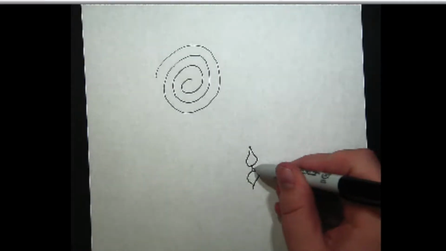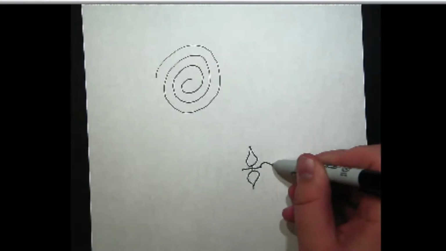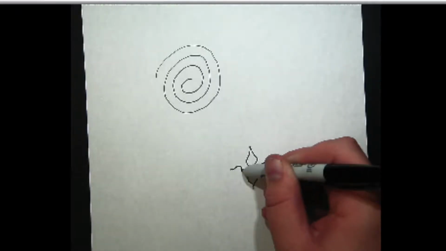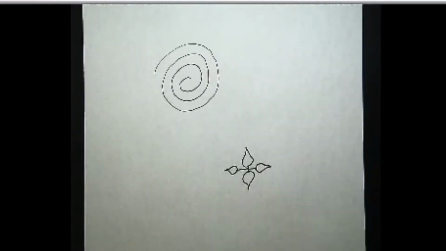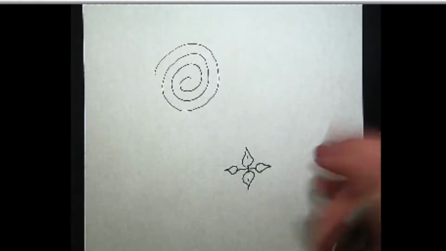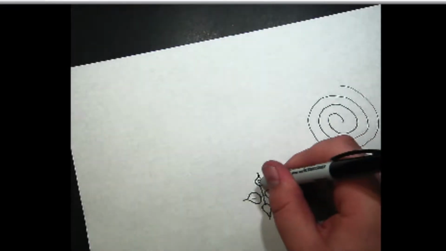So maybe it will pack like this, where they are 90 degrees from each other. But then again, when you get to the next layer, so if this is like the bottom layer, we'll call this one 1. And this is the next layer up. We'll call this one 2.